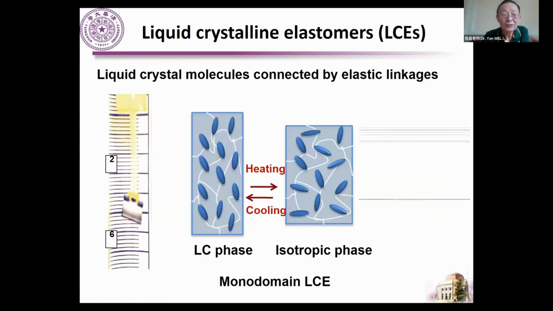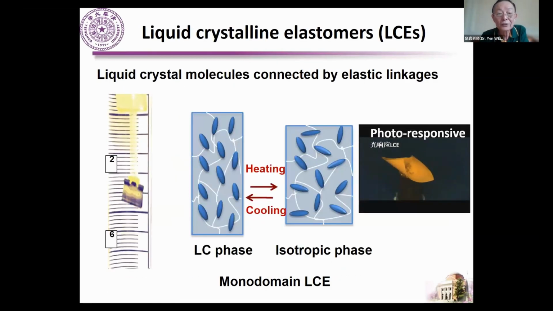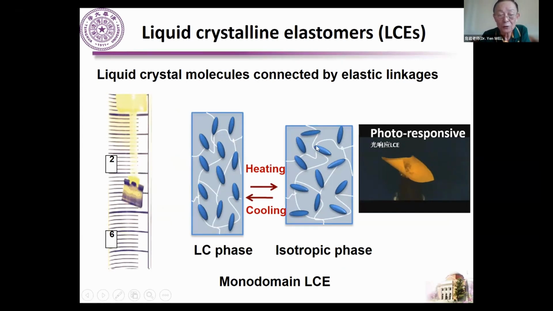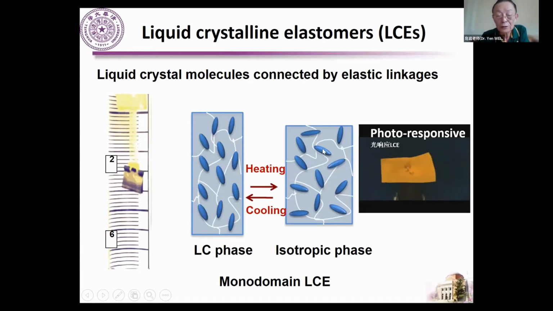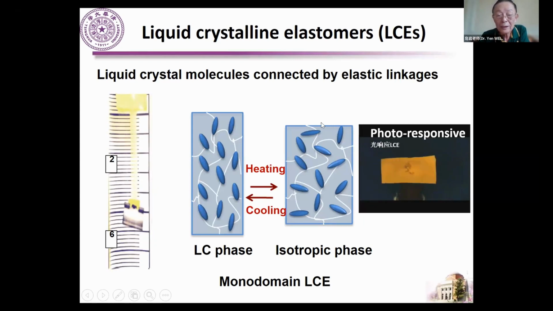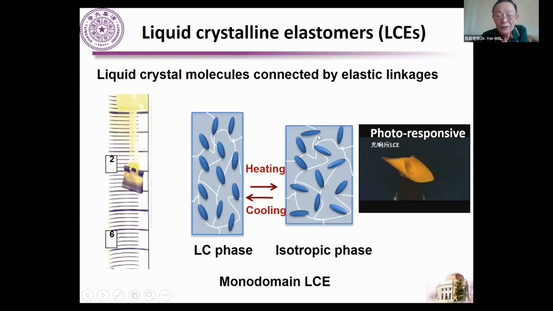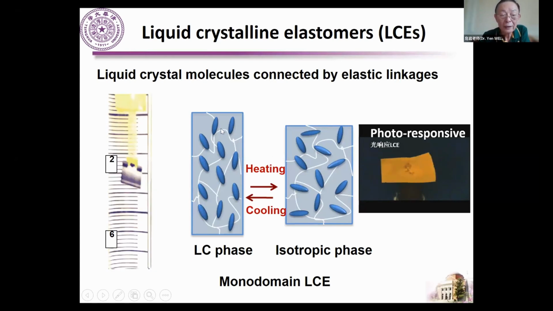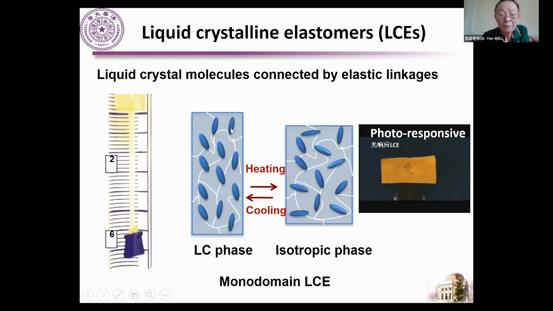So this material is called liquid crystal elastomers. It is based on liquid crystal principles. With normal liquid crystal, this blue bar is a liquid crystal unit. When they are in random orientation, they are isotropic material, with isotropic optical and physical properties. However, once you orient them, they line up and become anisotropic material.